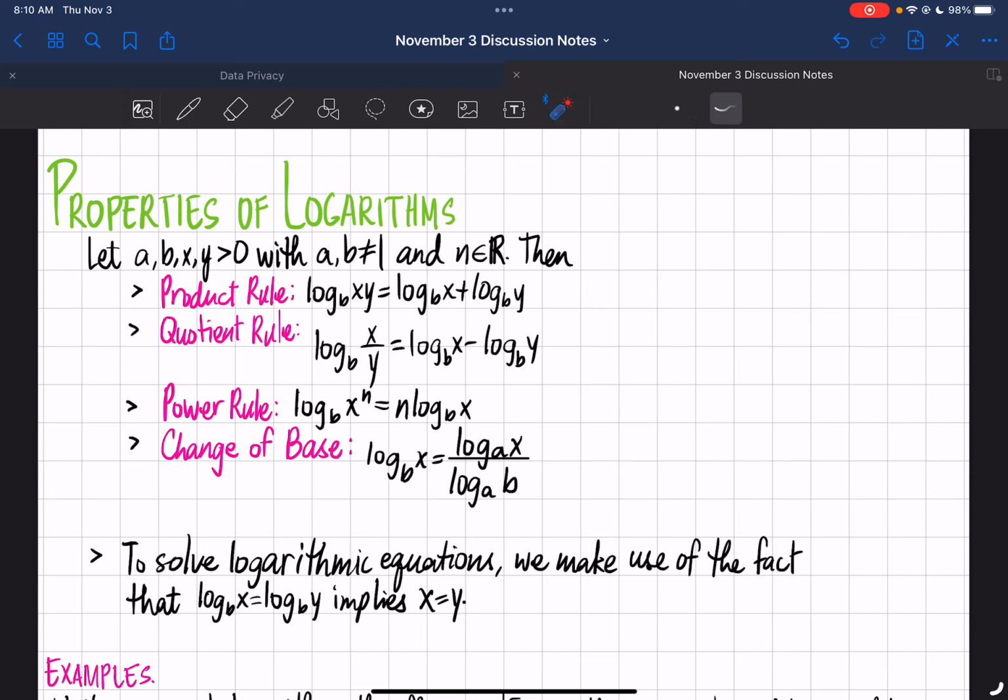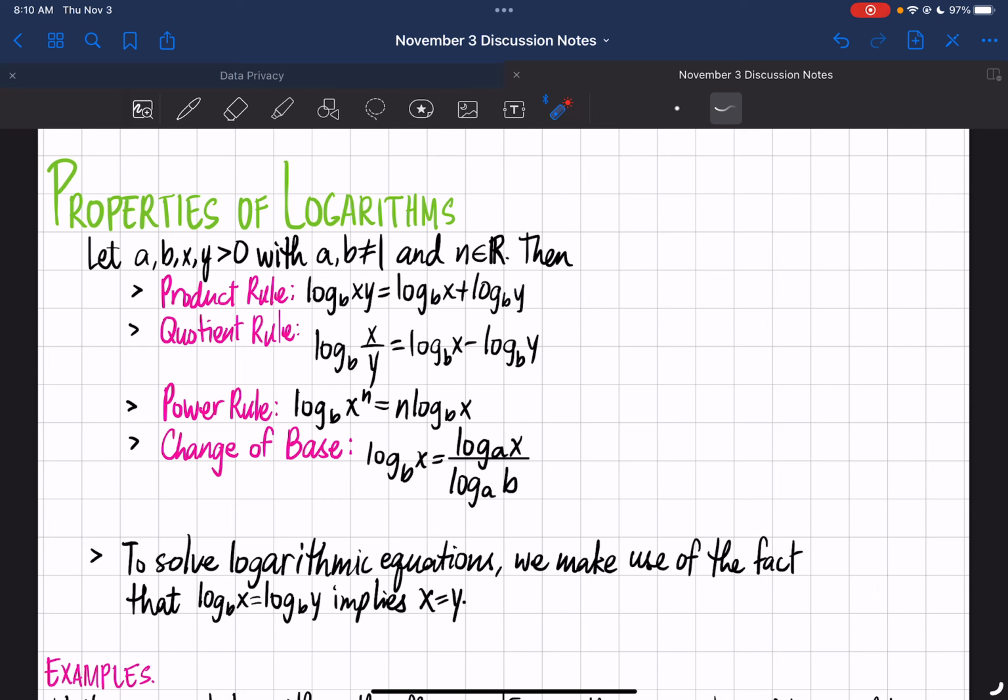So yung power rule class, this is a consequence ng ating product rule, or kung negative yung ating n dito, it would be a consequence ng quotient rule. So sinasabi niya, log of x raised to n base b equals n multiplied by log of x base b.